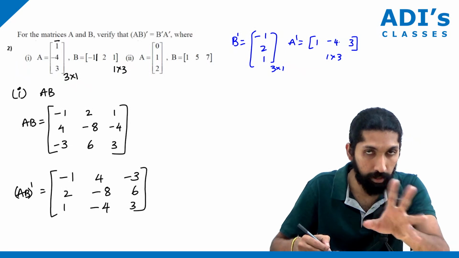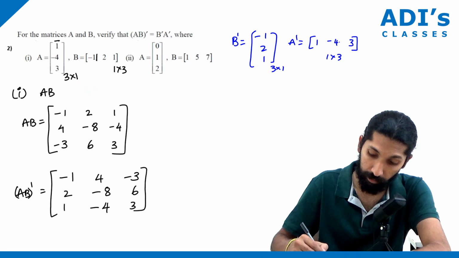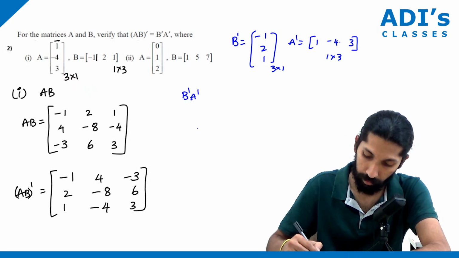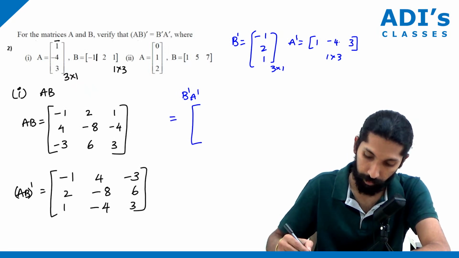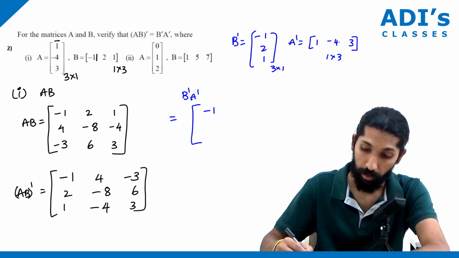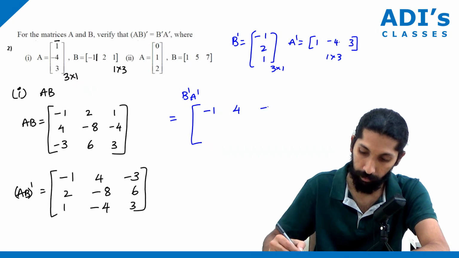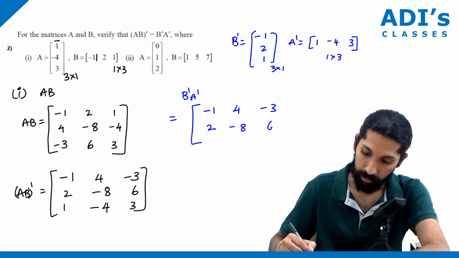So 3 cross 3 is what we are going to get. So now B transpose into A transpose. This is going to be first minus 1 into 1, minus 1. Minus 1 into minus 4 is 4, minus 3, then 2, minus 8, 6, 1, minus 4, 3.